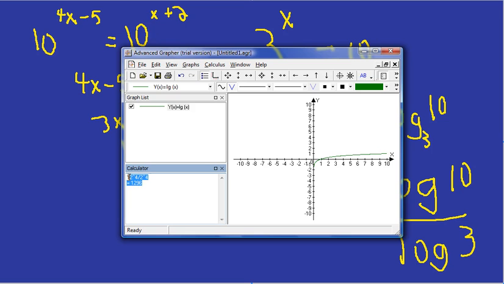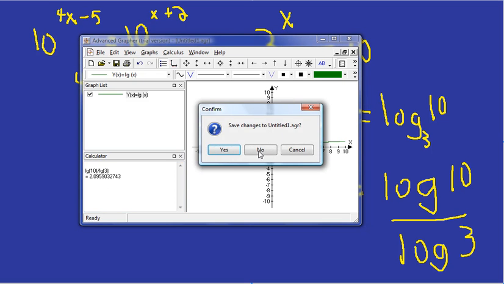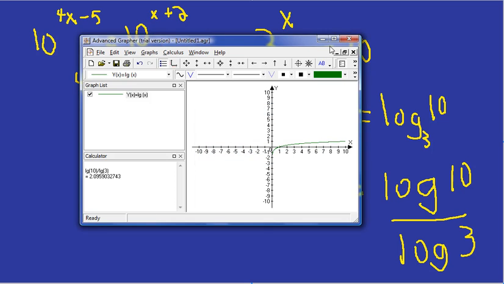I'm going to use the calculator function over here. And you're going to have log base 10 divided by log base 3. And there's your solution, 2.095 number something. Let's cancel, get rid of that.